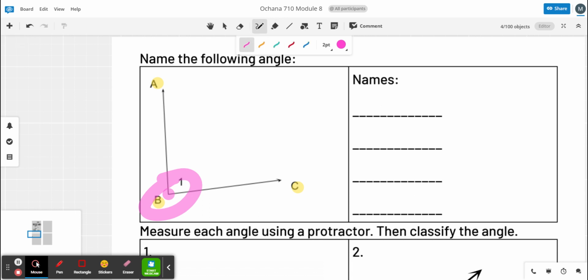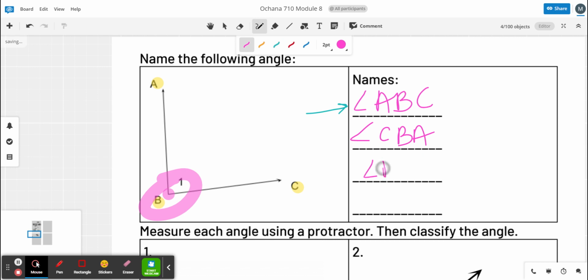Okay. So we can name this angle either angle ABC, and you have to use this symbol, which looks kind of like a less than symbol, but it actually just means angle ABC. Okay. Then we can also call it angle CBA.